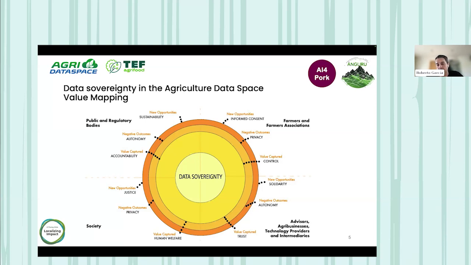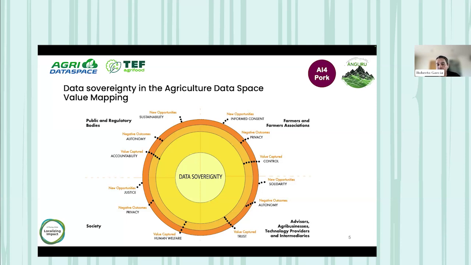There's the risk, and it increases with the amount of data that you share, that you can be identified. Even if you put a lot of anonymization mechanisms in the middle, it's a risk that you cannot completely avoid. And also, we here identify additional values, opportunities that data sovereignty might open.